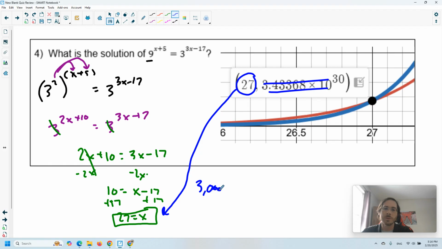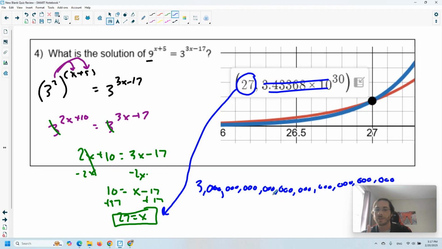So 1, 2, 3, and so on up to 30. So this is what this number is that it finally connects at, which again, kind of goes with the whole theme of the unit that these numbers get really big really fast.